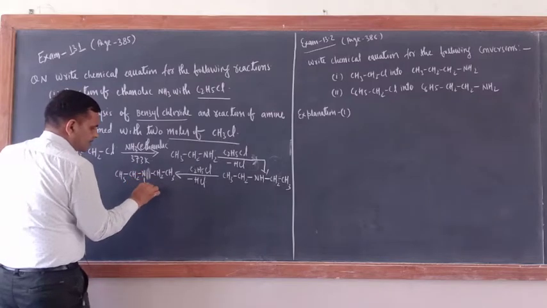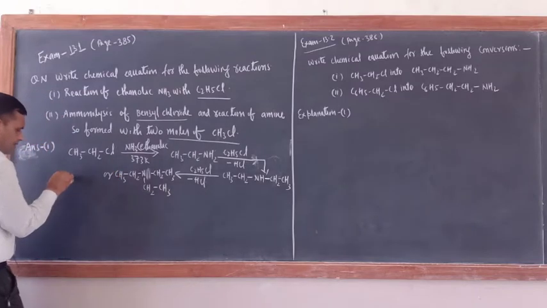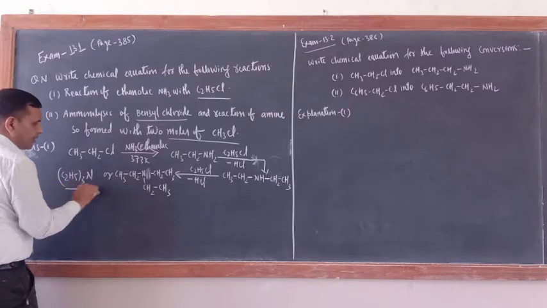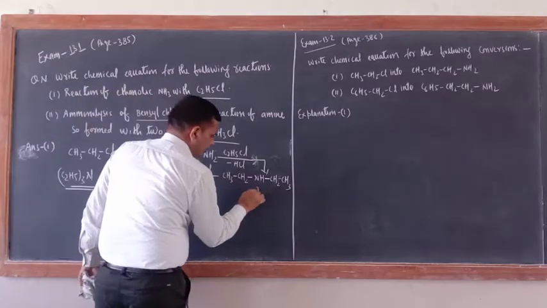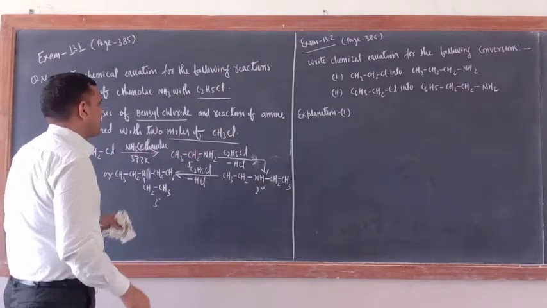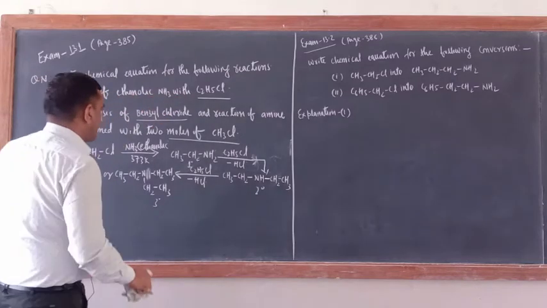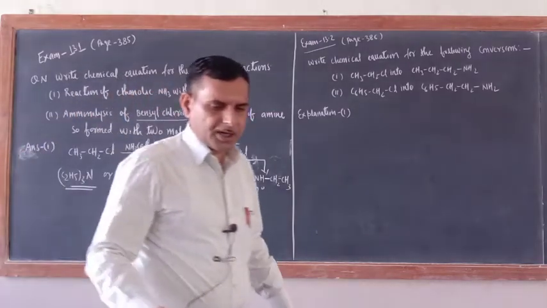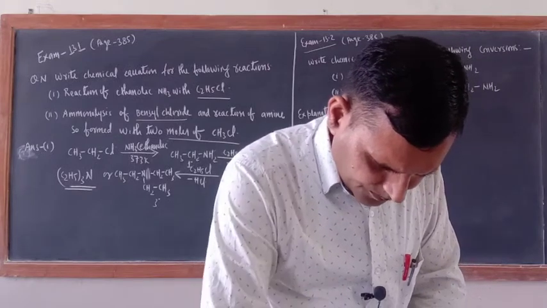In place of CH2CH3, you can write C2H5 whole thrice N. So this is 1 degree amine, this is 2 degree amine, and this is 3 degree amine. That is the reaction of ethanolic NH3 with C2H5Cl. Ultimately you are getting 1 degree, 2 degree and 3 degree amines.